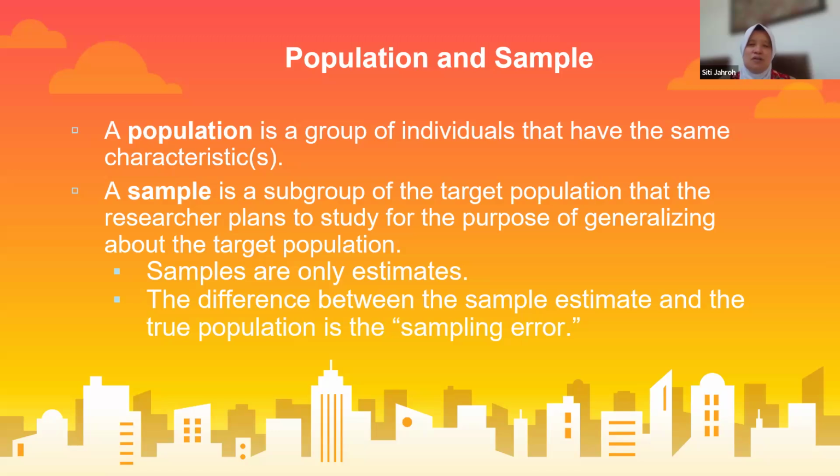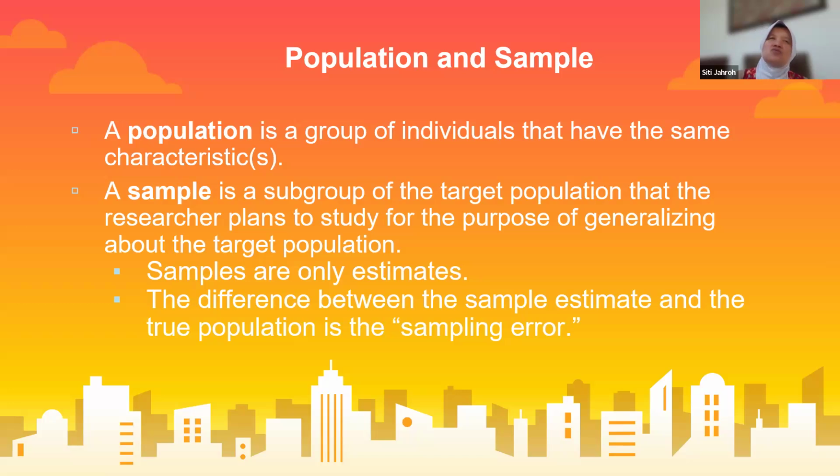Okay, so the population is the subject that is the interest of your study. It can be a group of individuals, it can be a group of companies, but they are the interest of your research.